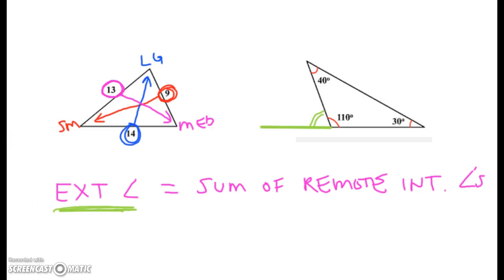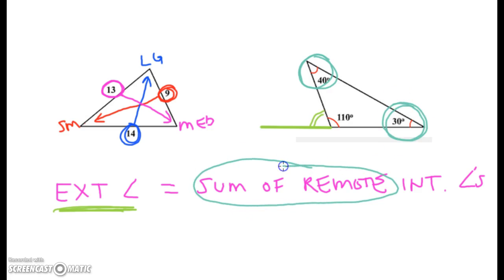The exterior angle is equal to the sum of the remote interior angles. Remote interior means the two inside angles that are far away from it. So not this 110, but the two angles that are far away, this 40 and this 30. The ones that I've circled in this teal color are the remote interior angles. And if I add those together, 40 plus 30, I get 70 degrees. And this angle out here is going to be equal to 70 degrees.